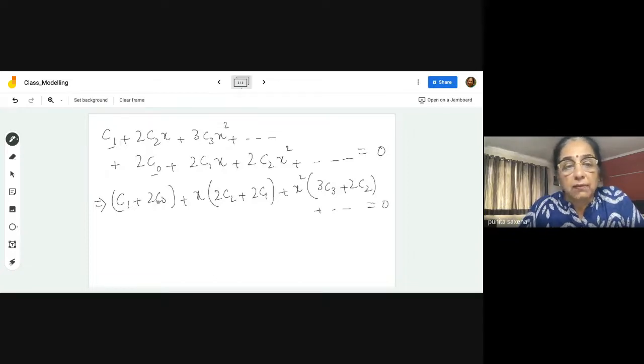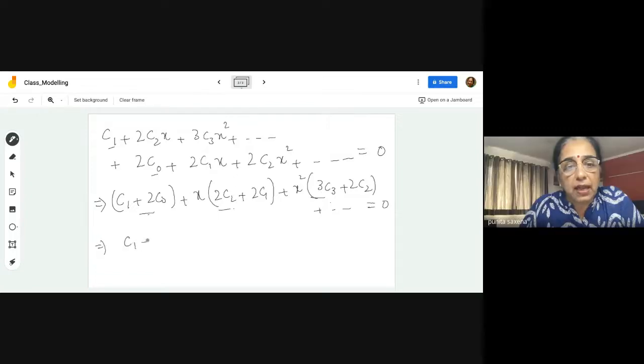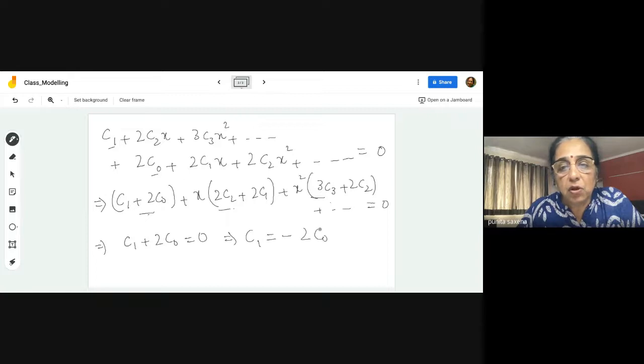Now, when I have a sum of powers of x equal to 0, each coefficient must be 0, right? So I must have c1 plus 2c naught equal to 0.